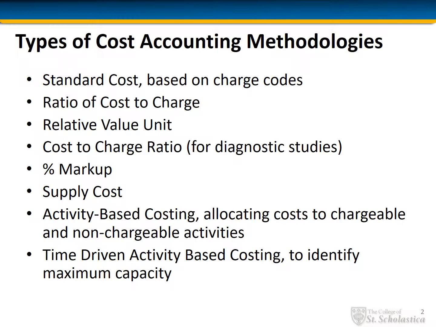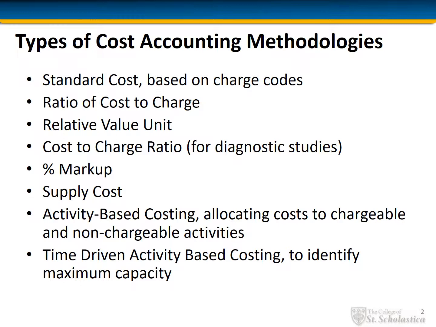The list here on this slide identifies the most commonly used methodologies. Standard cost based on charge codes, ratio of cost to charge, relative value unit, cost to charge ratio, largely for diagnostic studies, percent markup, supply cost, activity-based costing, allocating cost to chargeable and non-chargeable activities, and time-driven activity-based costing to identify maximum capacity.